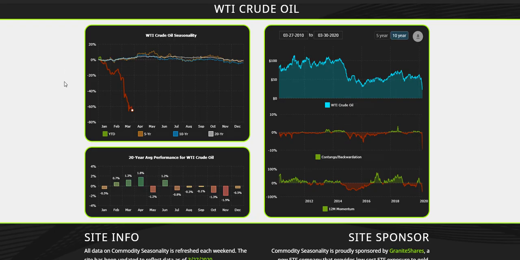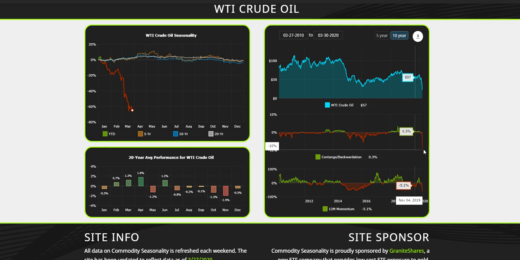Also, I want to show you a chart at commodityseasonality.com. It doesn't just have seasonals, it also has the contango and backwardation structure, which when you're looking at commodities is extremely important. Commodities mostly trade in a state of contango because the back month is going to be more expensive than the front month or spot month, due to cost of storage, that costs money.